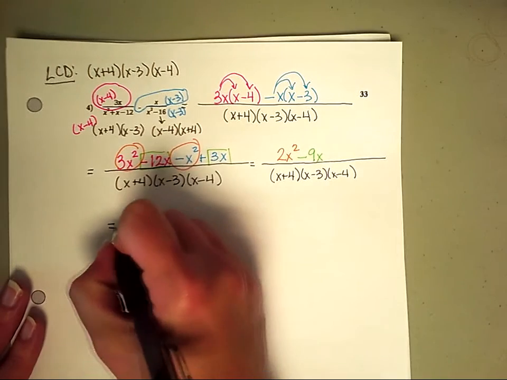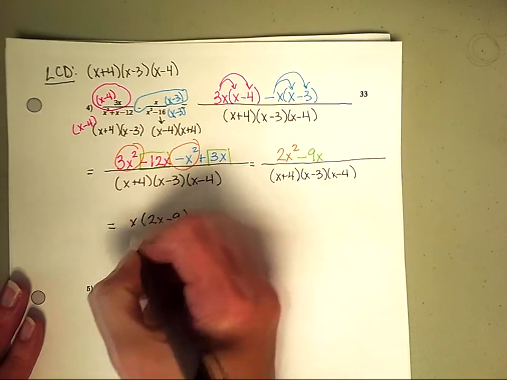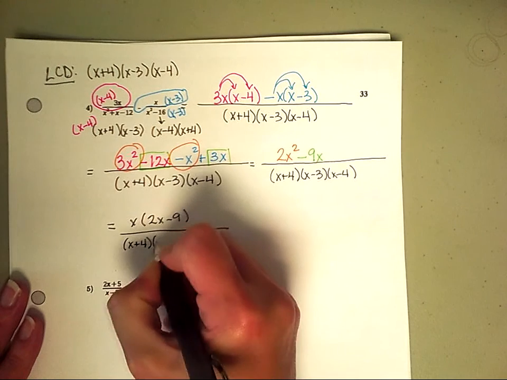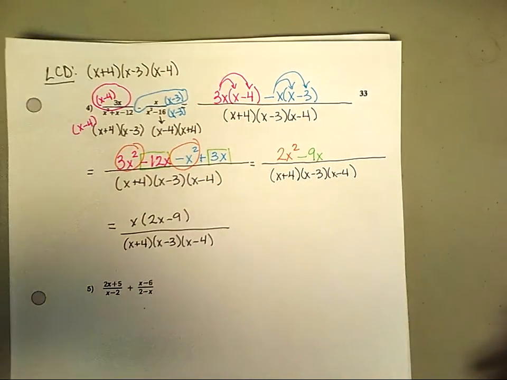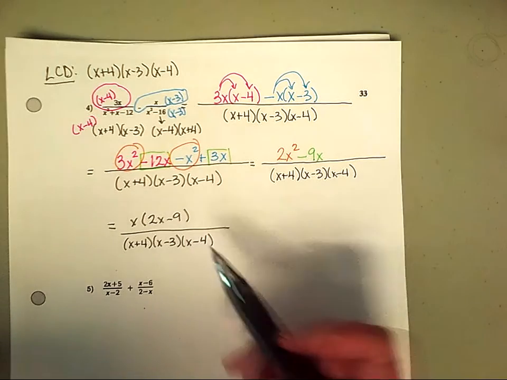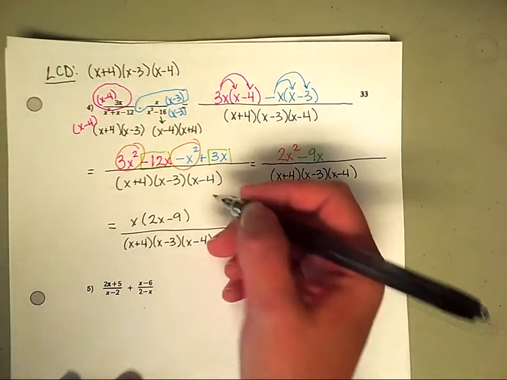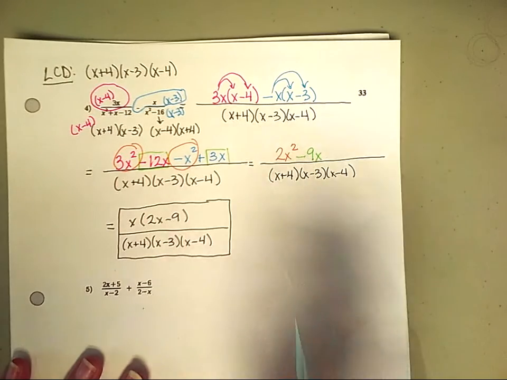Which we could factor this further. We could factor an x out of the top, leaving 2x minus 9 over x plus 4, x minus 3, x minus 4. And from here, now that it's fully factored, we can see that there are no common factors. You don't have to multiply anything back out. Just leave your answer like so.